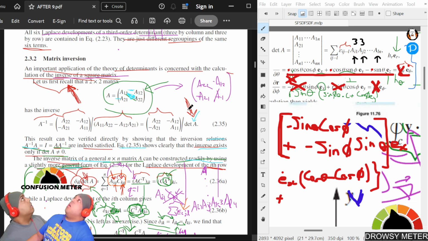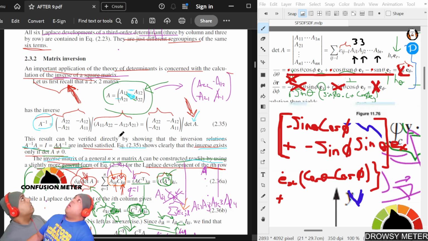So you can get the inverse from the Laplace. How?